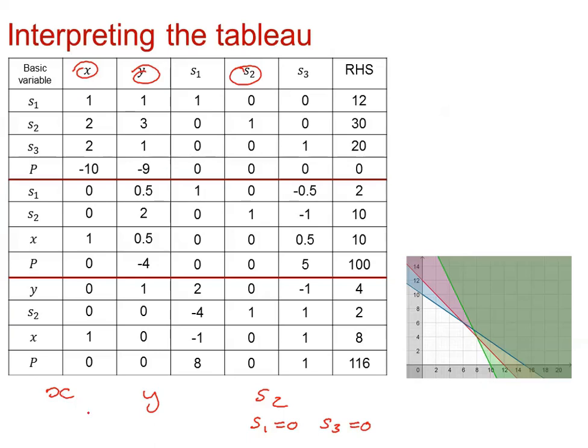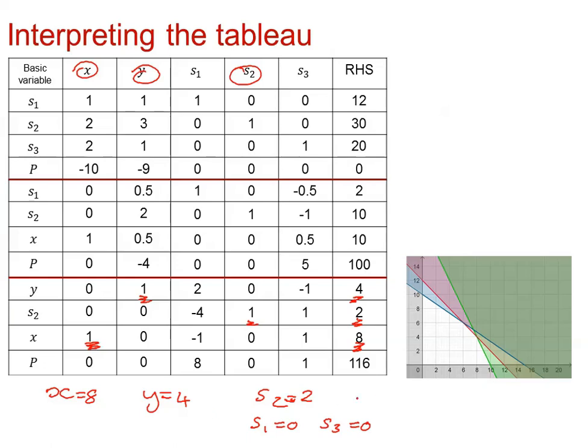So we read off the values of X using the right hand side column. So if X is in row 3, X must be 8. Y is in row 1, so it must be 4. And S2 must have a value of 2.